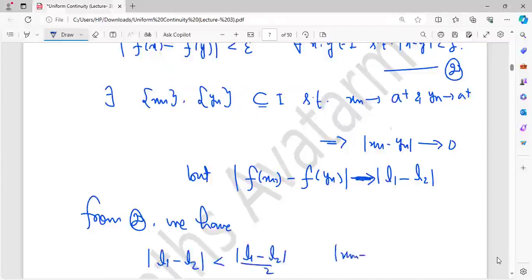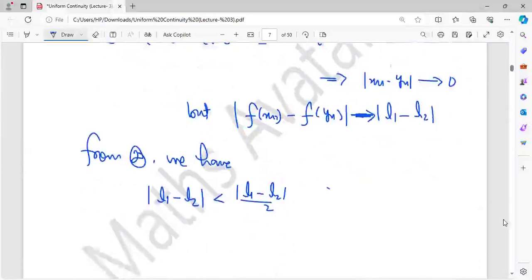And we have xn and yn, |f(xn) minus f(yn)| is less than epsilon, because for all |xn minus yn| less than delta. Because this sequence xn minus yn is tending to 0, after a certain stage it will be less than delta. So which is a contradiction.